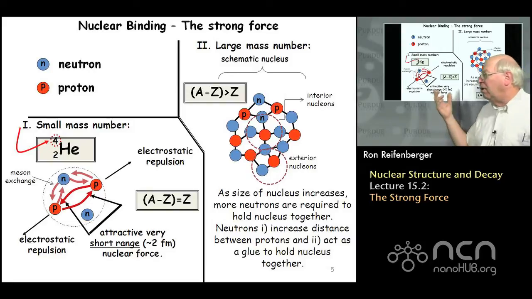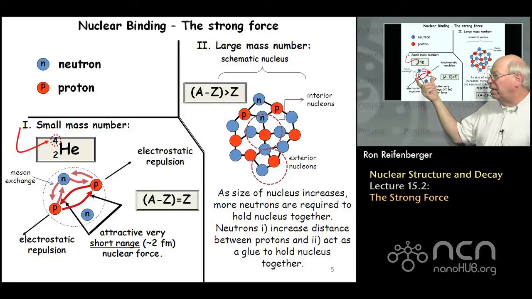And so what we now understand is that when you bring these nucleons close enough together, this nuclear force, or strong force, is a very strongly attractive force that causes these nucleons to bind together. The attraction exerted by this strong force must be strong enough to overcome the electrostatic repulsion that we estimated in the previous slide.